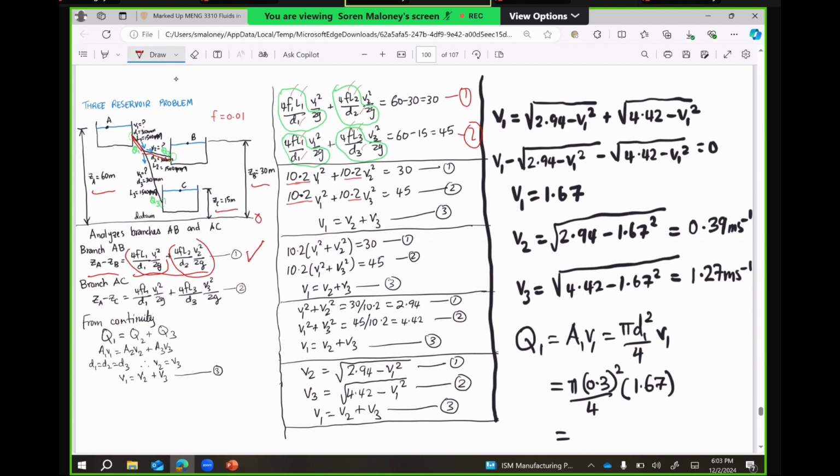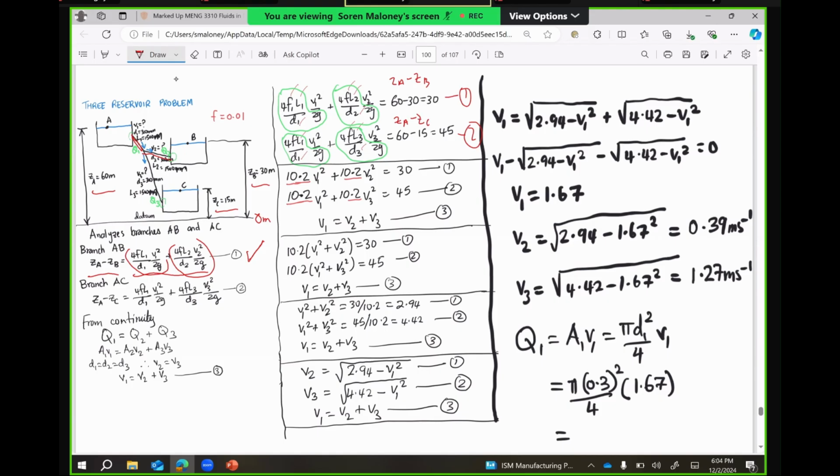So that's where we're getting this value, 60 minus 30, which is your ZA minus ZB, and this is your ZA minus ZC. All right.